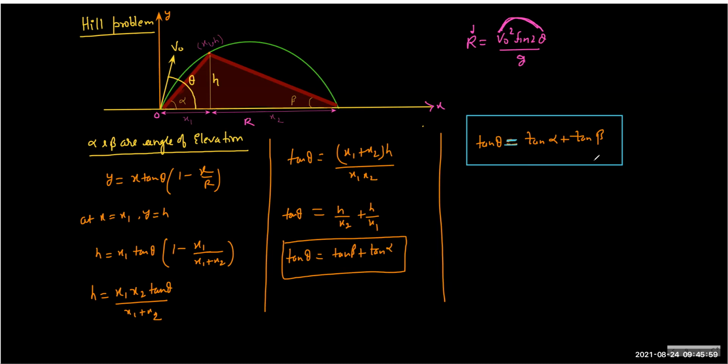So now you know that the relation is obvious, tan theta equals tan alpha plus tan beta.